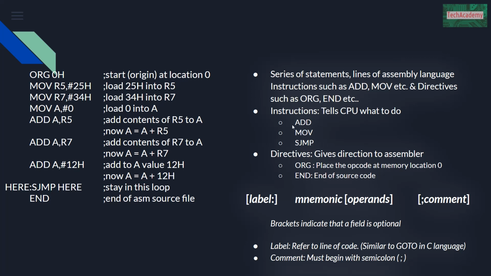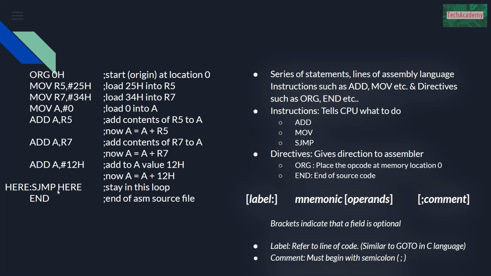So we have seen the examples and uses of these instructions, right? Sjump is an instruction which tells the CPU to jump from this label to this label. Here is a label, and we are telling the CPU to jump to this label, which is placed over this location.